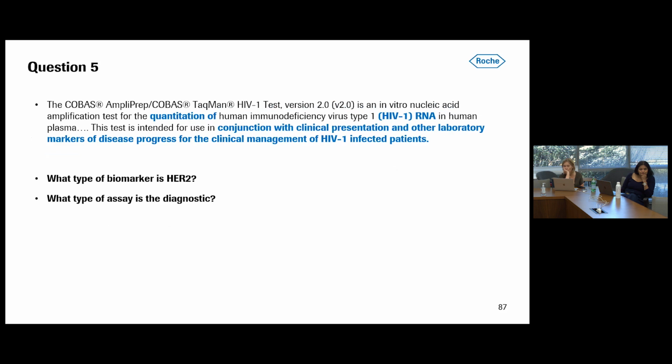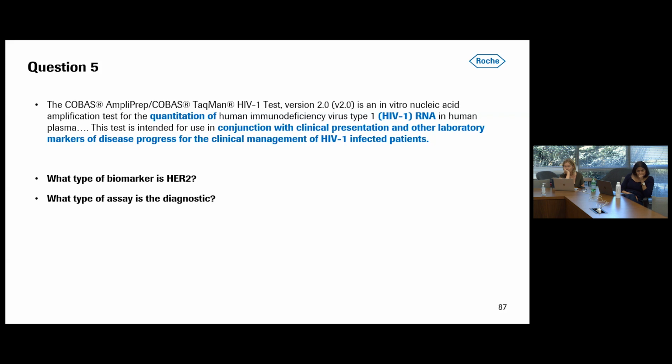Okay, so the COBAS PCR-based HIV test is an in vitro nucleic acid test for quantitation of HIV RNA in plasma. This test is intended for use in conjunction with clinical presentation and other laboratory markers of disease progression for the clinical management of HIV.